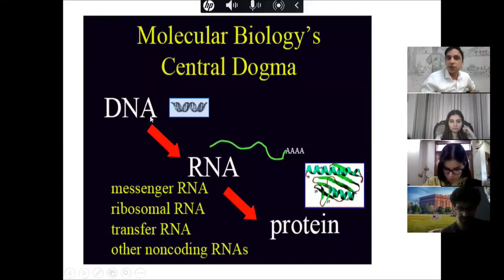The answer lives here. DNA can express to produce messenger RNA, and then this messenger RNA is translated to produce protein. And remember, having a piece of DNA means you will be able to generate certain pieces of RNA, and those RNA will be translated to produce certain types of proteins.